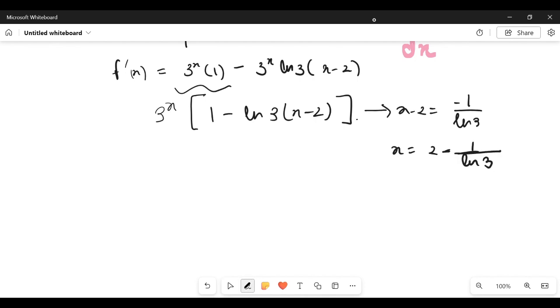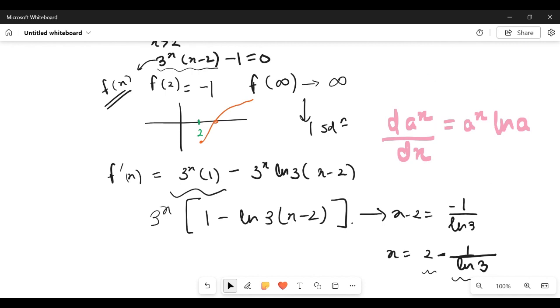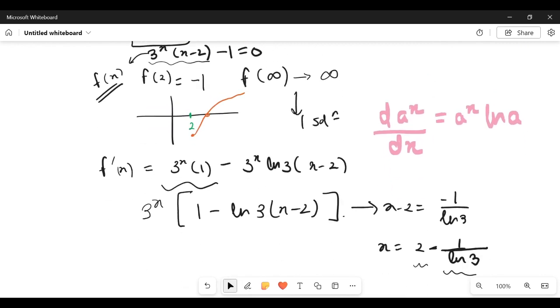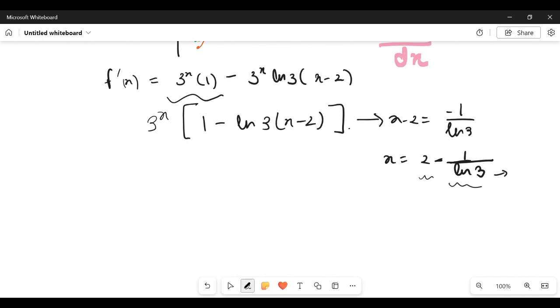This is something less than 2, so it will not come in this domain. This root is invalid for the current domain.